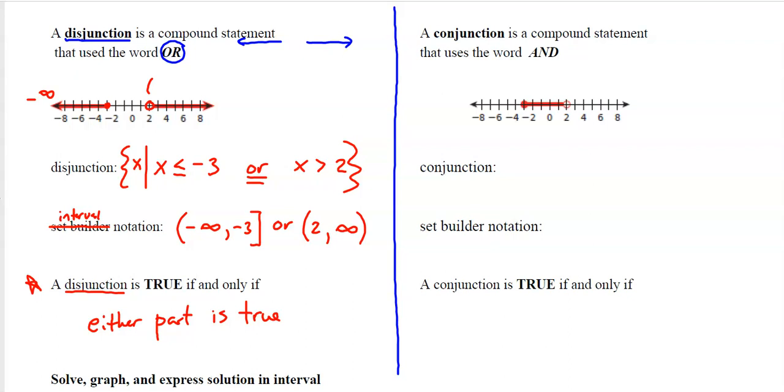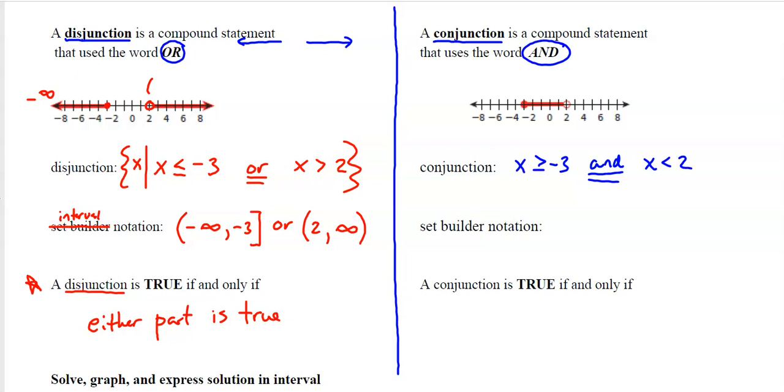Over here on the right, a conjunction, just a different prefix at the beginning. A conjunction is a compound statement that uses the word and, which is quite a bit different. Typically the ands are always this intersection, in between two different scenarios. So if I was going to write this out, x has got to be greater than or equal to -3, and at the same time there's a second criteria: x has to be less than 2.